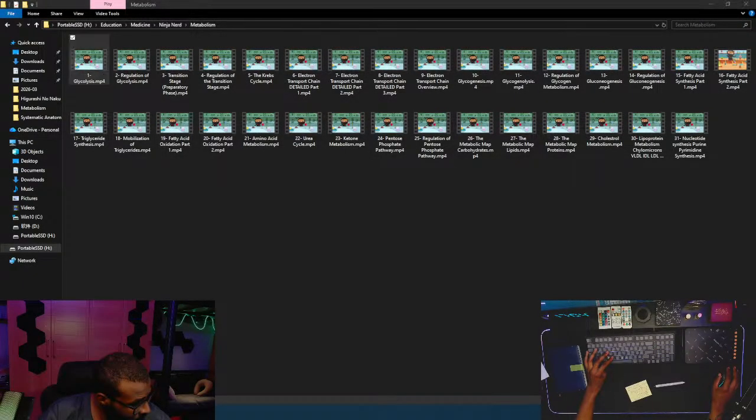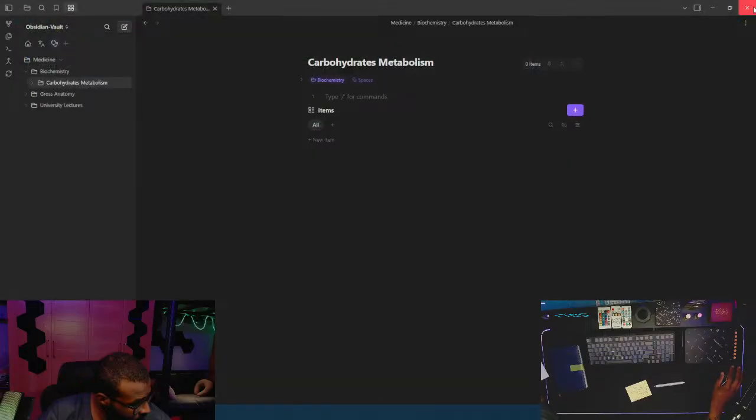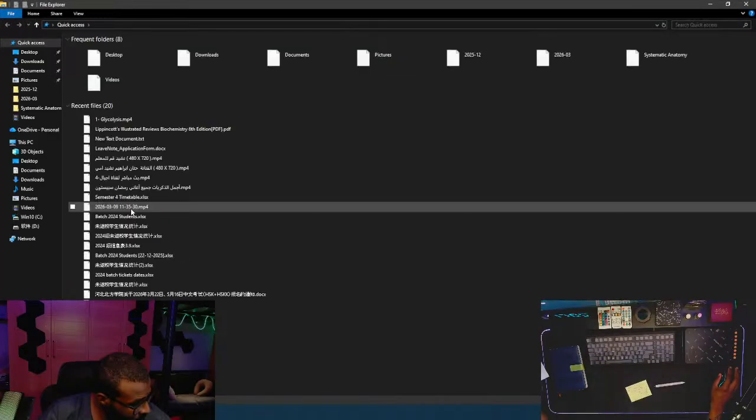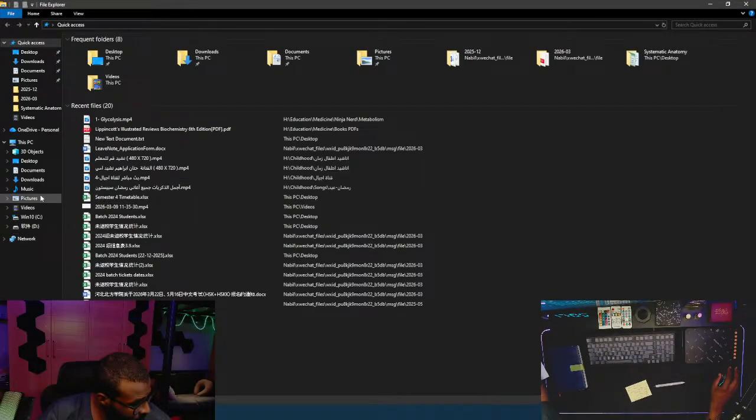Okay, hold on. Let me just eject the USB itself. Okay, hopefully it's going to play smooth this time.